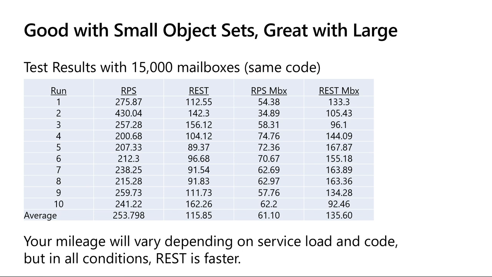So I ran these tests against 15,000 mailboxes, exactly the same code. And this is what I was getting for remote PowerShell. You see 257 right up to 430 seconds. But if you look here at the REST, hey, we're getting pretty good throughput. And as you scale up, things get better and better and better. So that's where we get the big advantage.